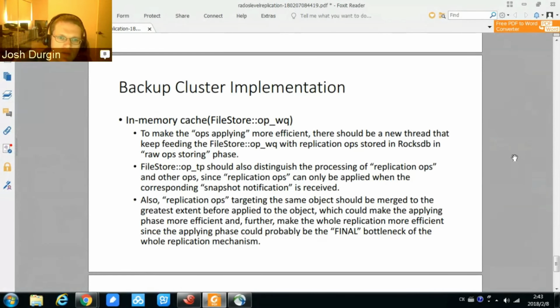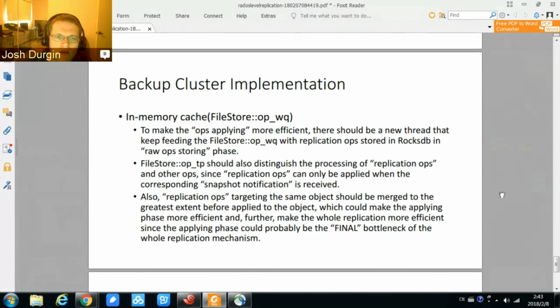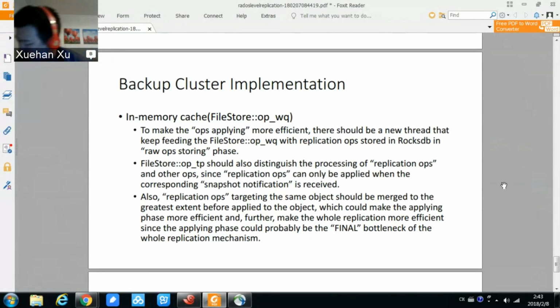I guess I'm just suggesting maybe abstracting out that storage detail, so that you could put it in RocksDB, or if you find that that is a bottleneck, put it somewhere else later. Okay. That's your point.